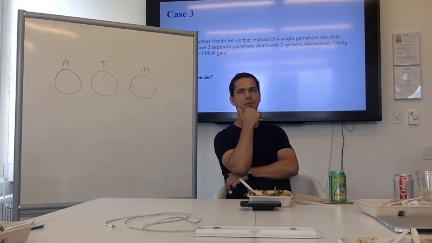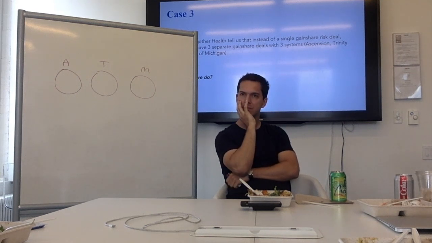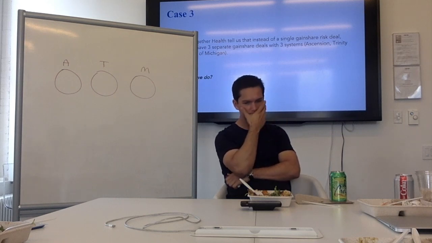So we're basically saying either one gain share deal where it's assume 85% MLR and then they get like 75% of the upside for the single one, or it's 3 separate ones where for each one it's 85% MLR and then 75% upside or something like that. Yep. So Cole, what do you think?